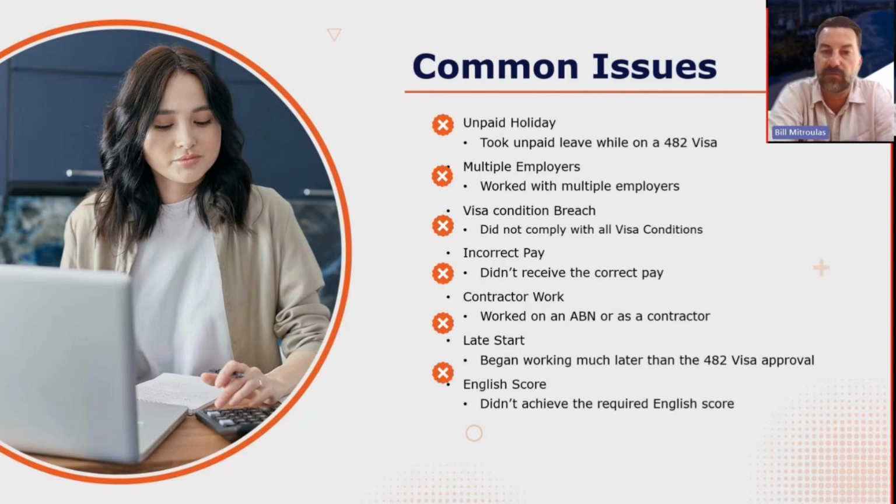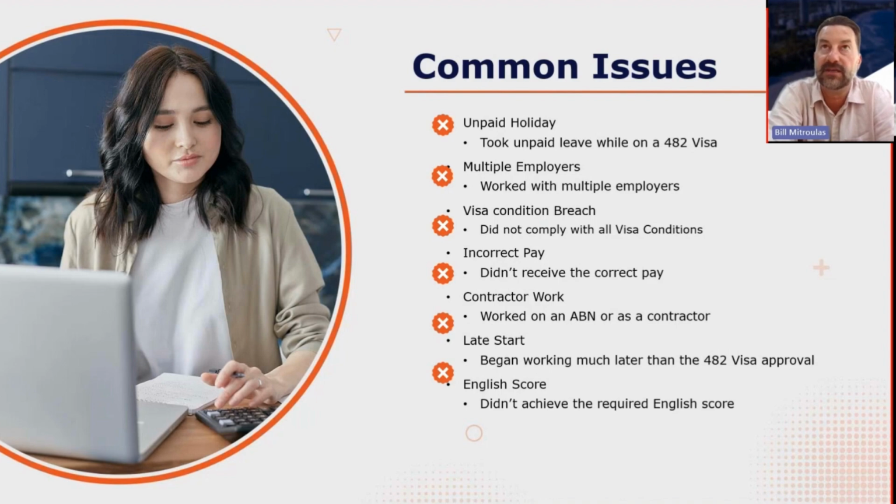There's a myriad of ways you can breach your temporary skilled shortage visa or skill in demand visa. That's something you've got to be mindful of. And if there's any doubt whatsoever, again, the earlier you confront the issue and seek professional advice, the quicker we can solve it.